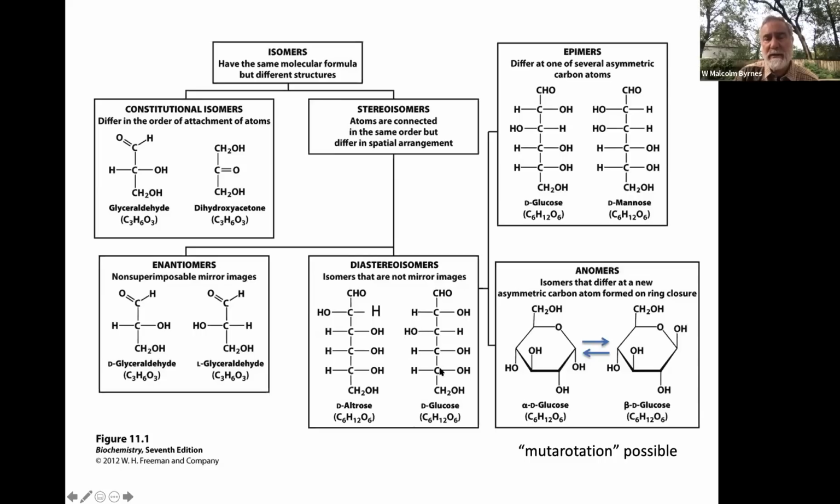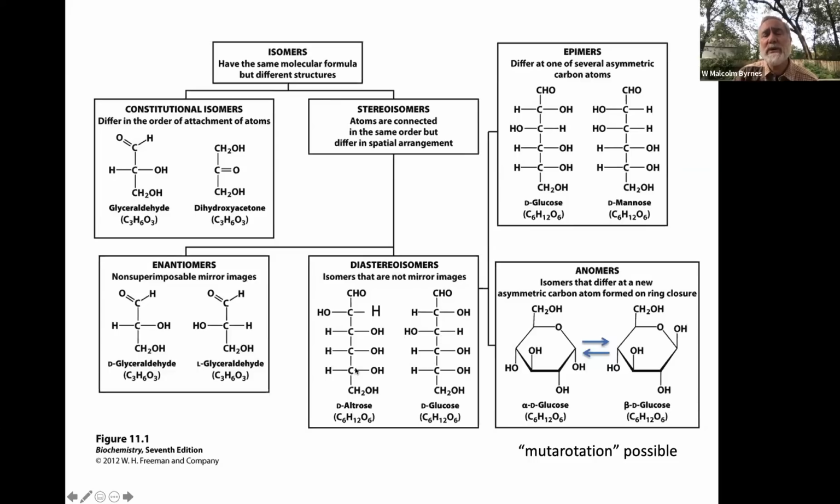Now the configurations about the next two carbons are the same, and this last carbon is not chiral. So that shows you how there's no way that these would be mirror images of each other, okay? And yet they have the same order of connection, but different spatial arrangements, especially about the second and third carbons.